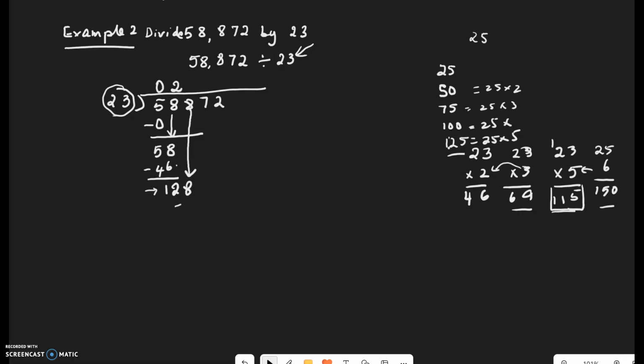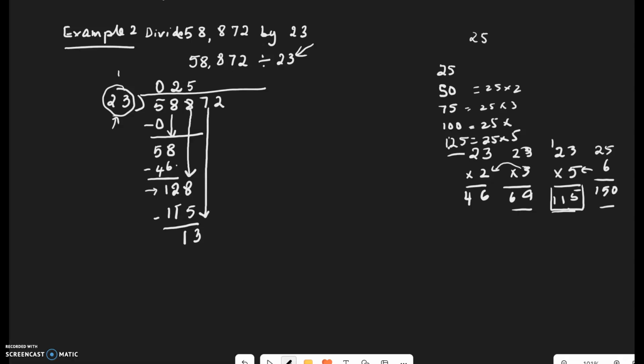So that would be 23 times 5. 115, we subtract. 8 minus 5 is 3. 2 minus 1 is 1. 13 is smaller than 23, so we know that 23 goes 5 times into 128.